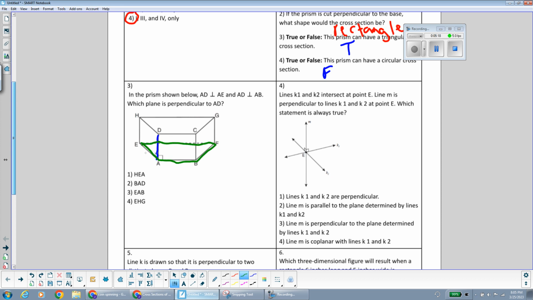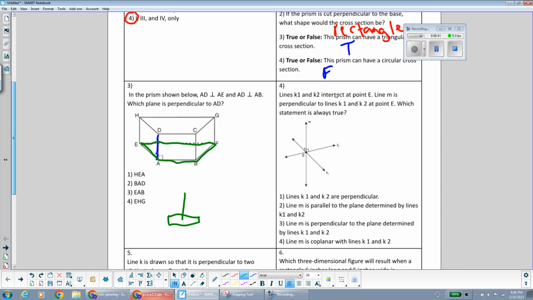And we also have EHG, which is all the way up here. So we have found the correct answer choice. It is choice EAB because it makes a right angle with AD. Perpendiculars like this, it makes a right angle with AD.